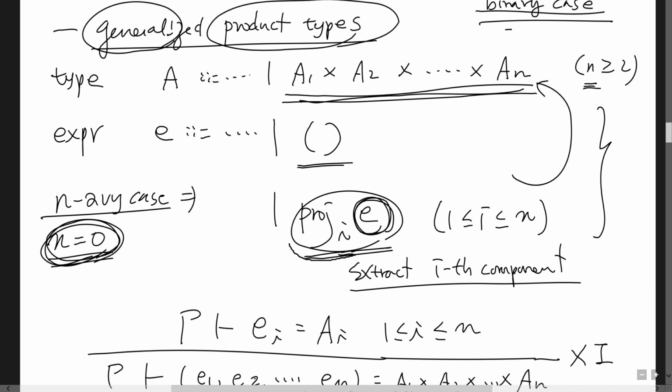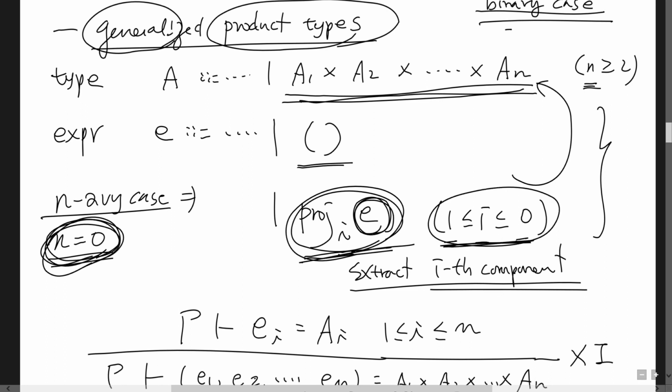And what about this projection? This projection allows us to extract the ith component, where i is found in the range from 1 to n inclusive. Now let's set n to 0. Then this becomes 0, and there is no such i satisfying these inequalities.